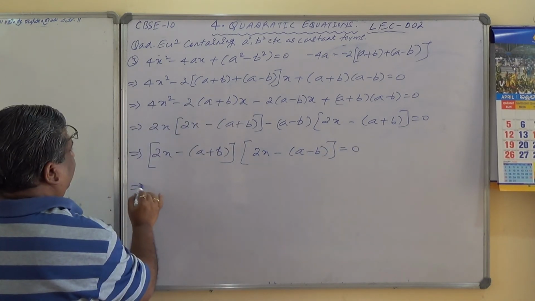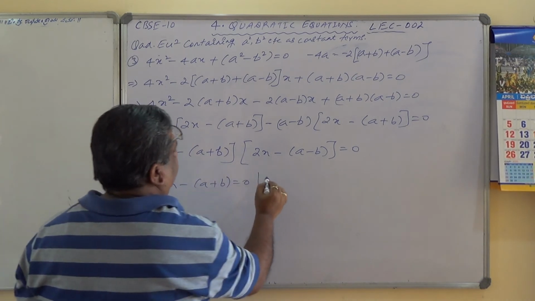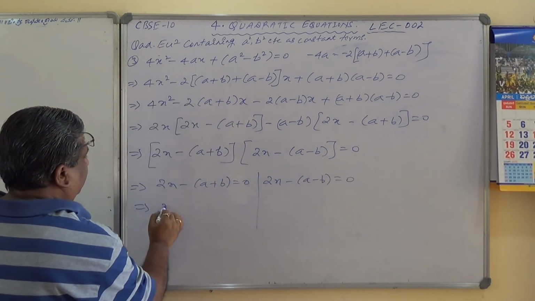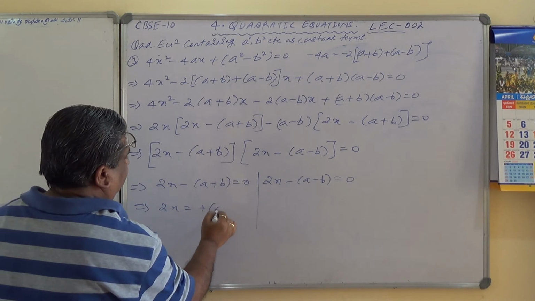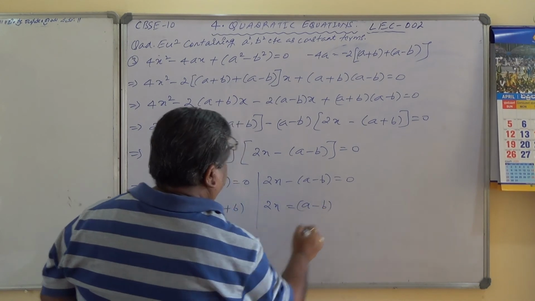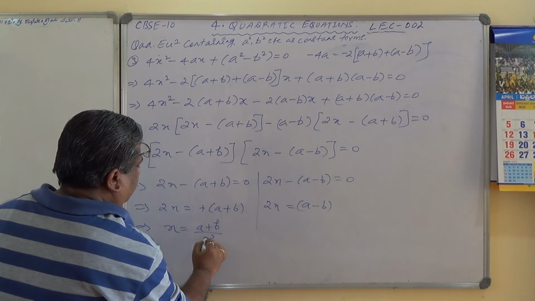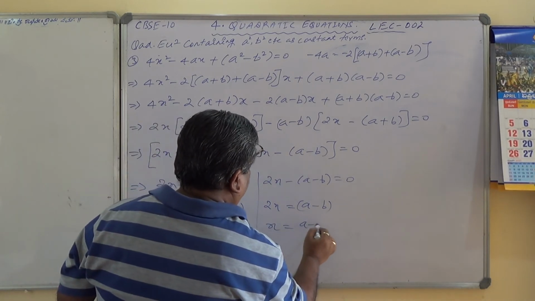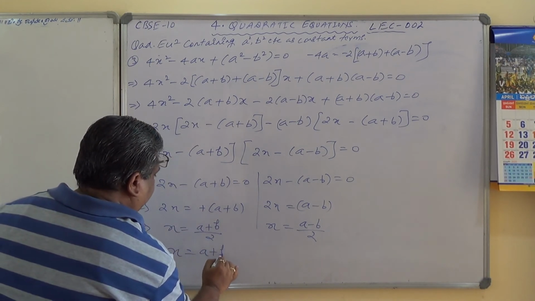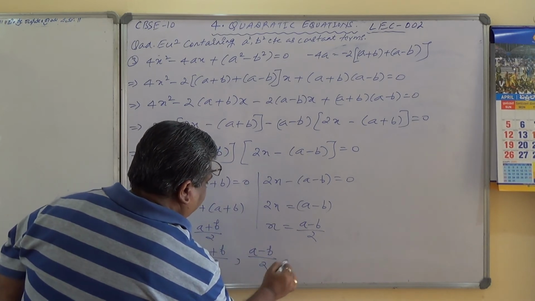So this implies, now, therefore the values of x are a plus b by 2, comma, a minus b by 2.